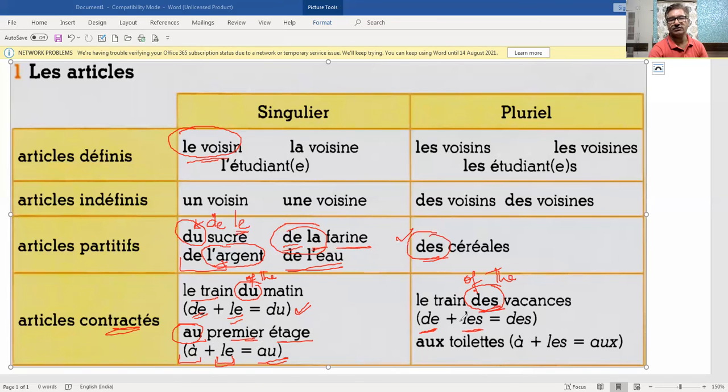Okay, so you can see this des is composed of two words. Similarly, aux. À means to the. Again, two words are combined together to make aux, A-U-X. Aux toilettes, to the toilets. See, there are two words which have been combined together to make aux.